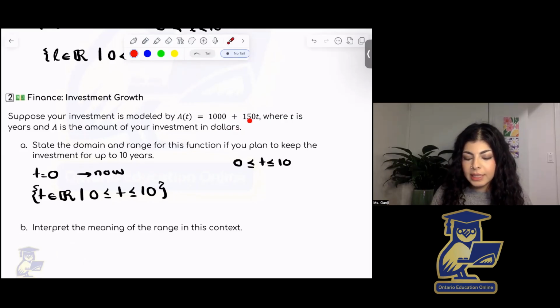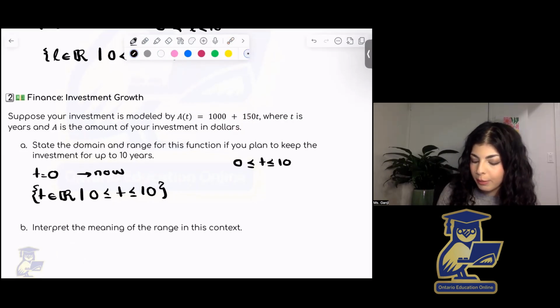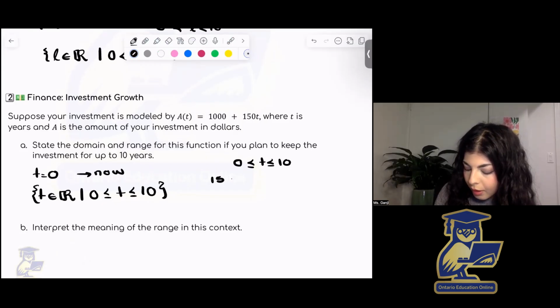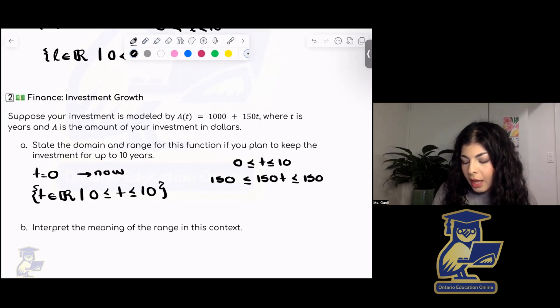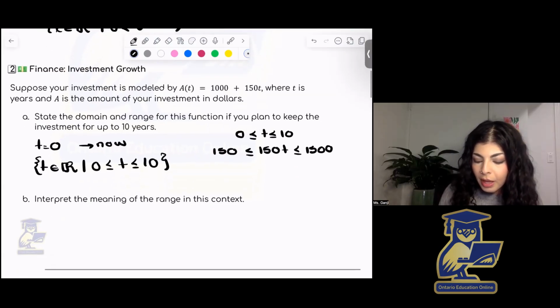So first I see t here is being multiplied by 150. So I'm going to multiply all through this inequality by 150. And an inequality works similar to an equal sign in terms of distributing, for example, a positive multiplication. So in this case, it holds true.